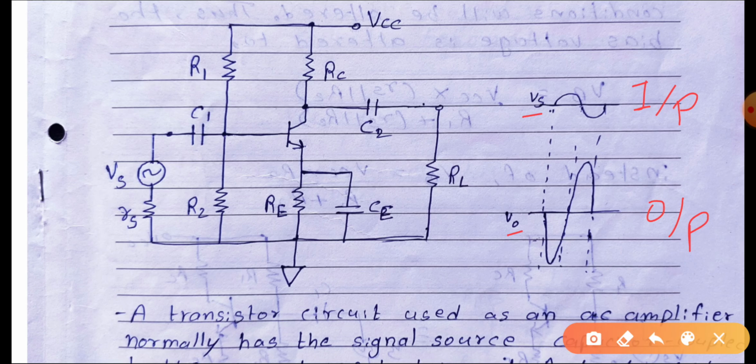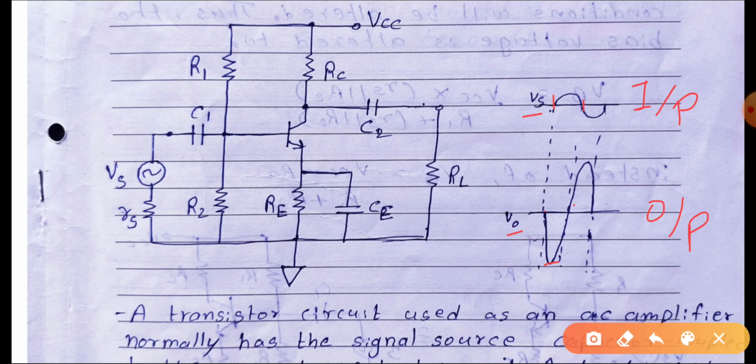Here you can see the phase is reversed. Means what? See here, from this to this there is a positive signal at the input side, but at the output side, from this location to this location there is a negative part.